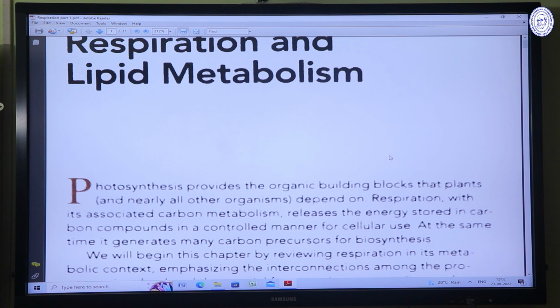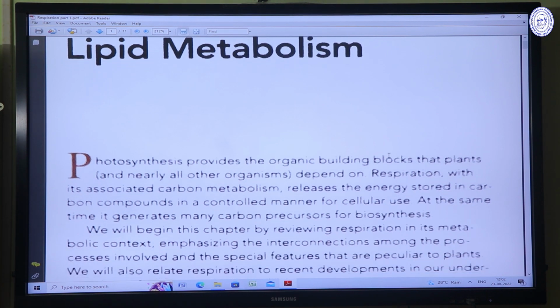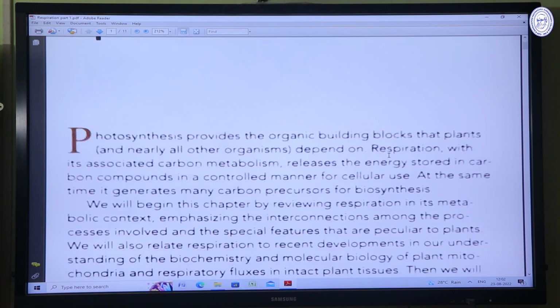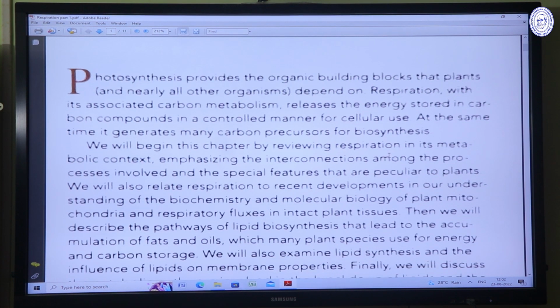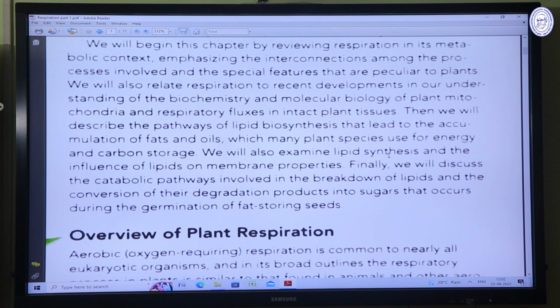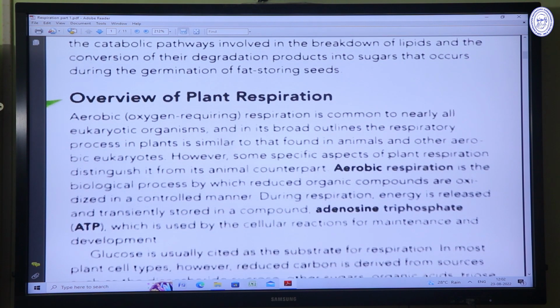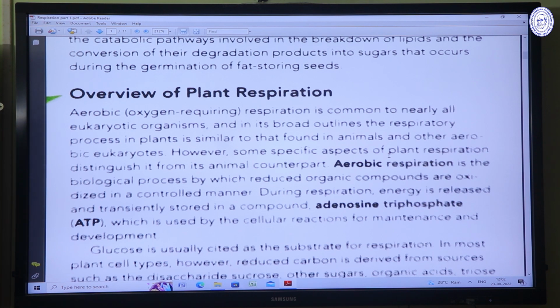Now, come to plant respiration. We know that respiration is of two types. One is aerobic and another is anaerobic, that is, in the presence of oxygen or not.